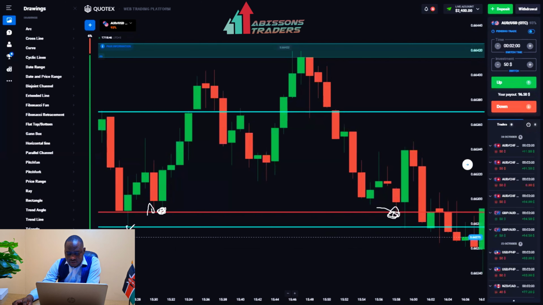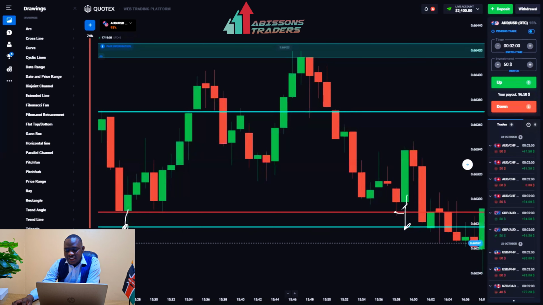Then this one because of this one and this one. So you have to cover the wicks. When you're doing the zone, you have to cover the wicks which are outside. These ones were outside the zone, so you need to cover them because it's an area. The market reached there and went back up, reached there, went back up.